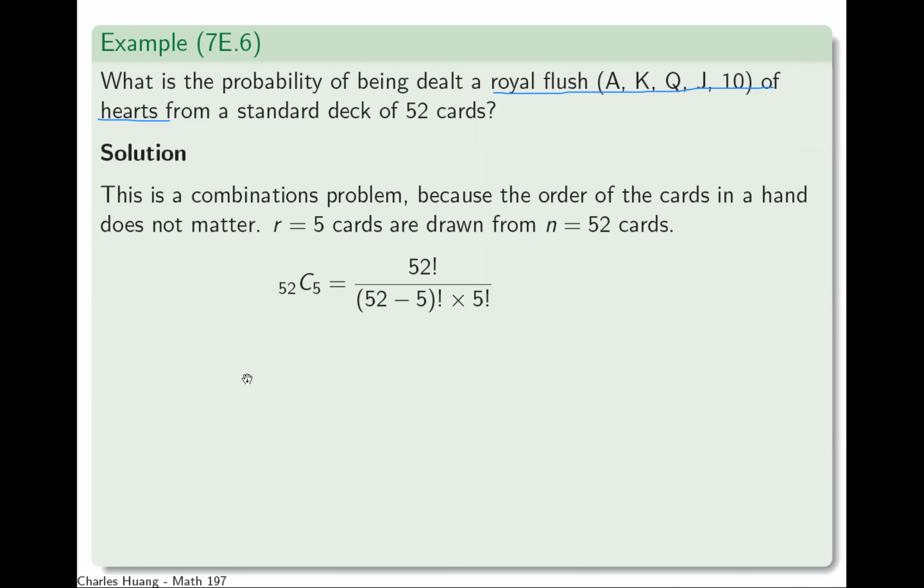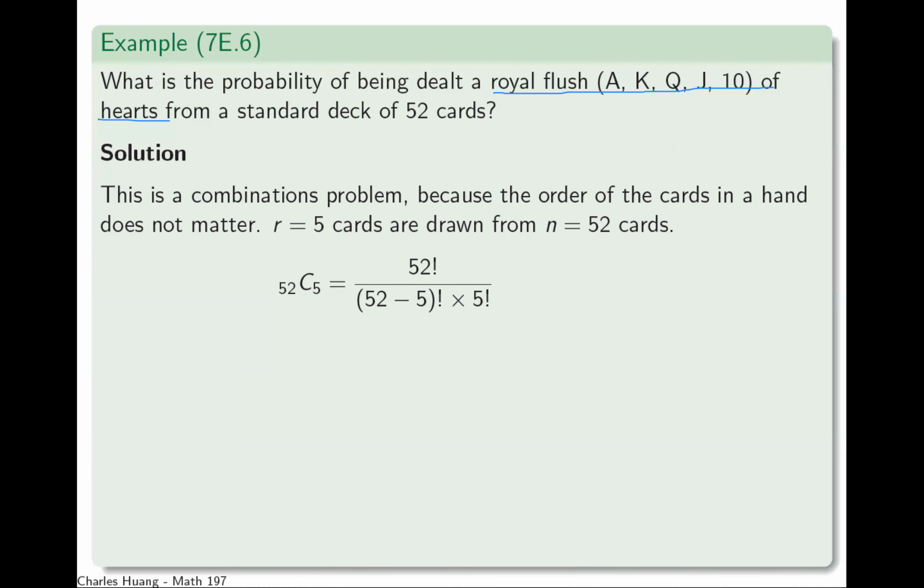So in this case, what we need to do is find the total number of outcomes to divide by. We know that we have one outcome that gives me the royal flush, but how many total outcomes are there? Well, when I have a hand of 5 cards, it doesn't matter which card comes in first. What's important is I have 5 cards. Because order doesn't matter, we are doing the combination.